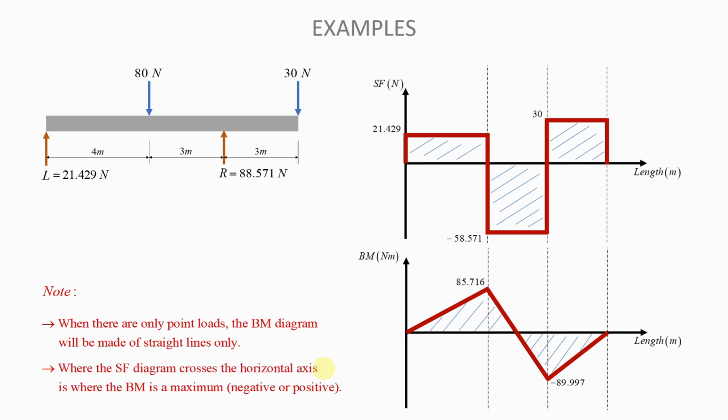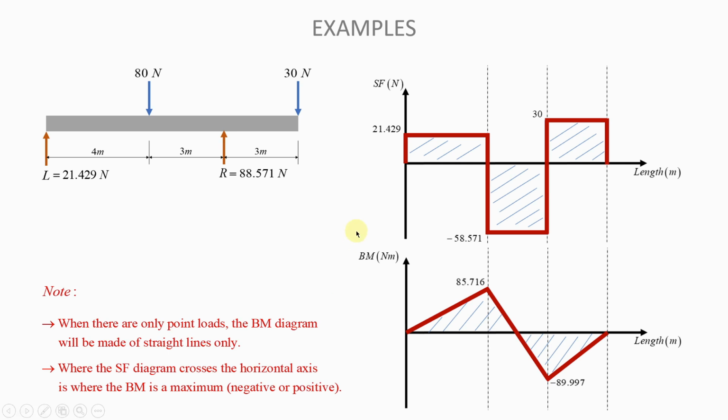The second observation is that wherever the shear force diagram crosses the horizontal axis, you will have a maximum on the bending moment diagram. And so that maximum can be positive or it can be negative.